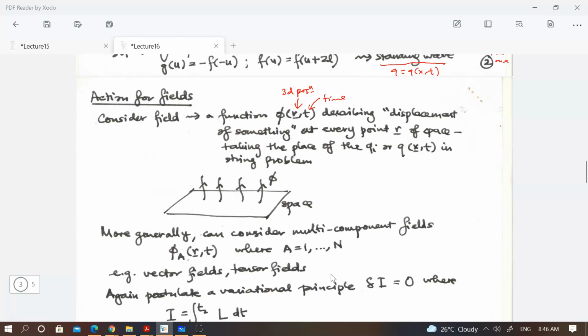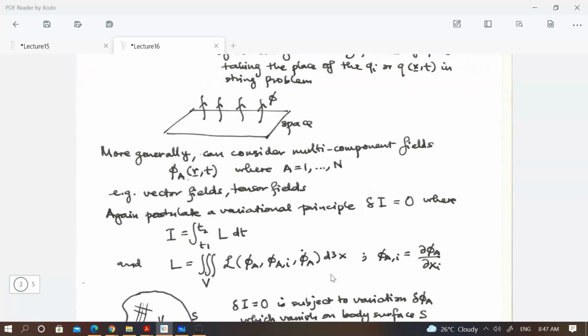Okay, so you think of these fields sort of like, in the case of your string earlier, making displacement with respect to certain directions of x, y, and z. So we can talk about the variations of these particular fields.